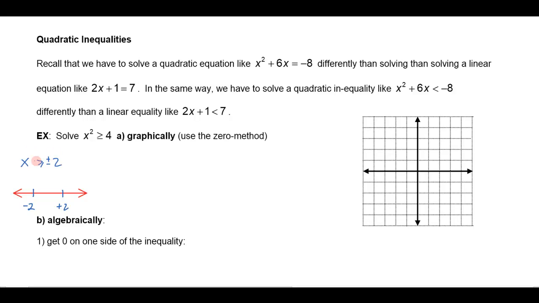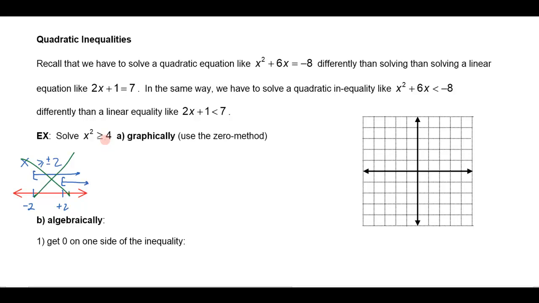And if I want x greater than or equal to positive 2, that'd be these, right? And x greater than or equal to negative 2 would be these. So what would that even mean? And notice that if I plug in 0, 0 squared isn't greater than or equal to 4. So this is just completely wrong. I can't solve a quadratic inequality that way.